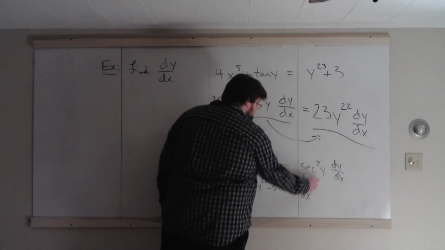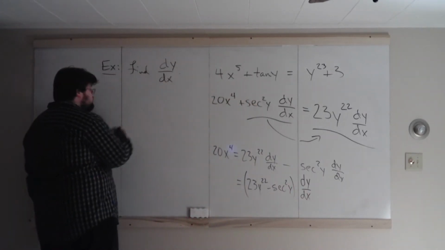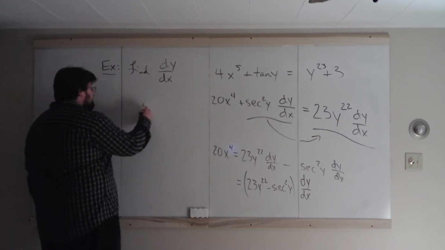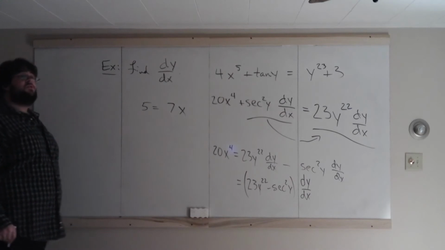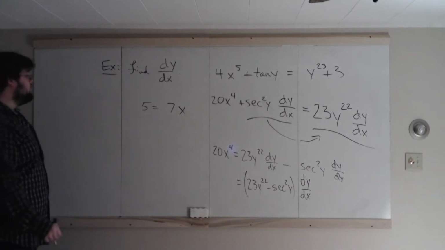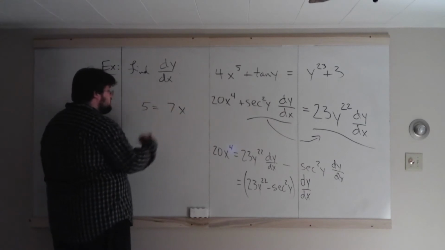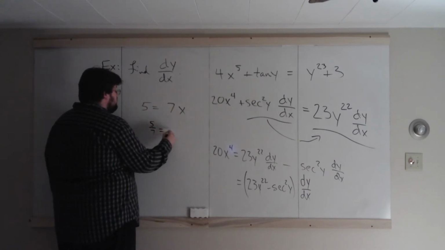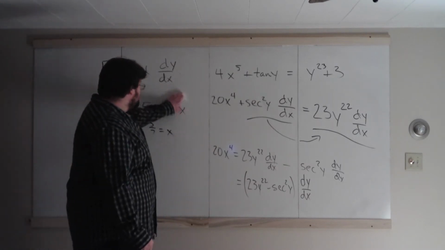Factor out a dy dx here, you're left with a negative secant squared of y. Well, what if you had this 5 equals 7x, and I said, solve this for x? Well, what you would do is get rid of the 7 using division. And that's all we're going to do here.